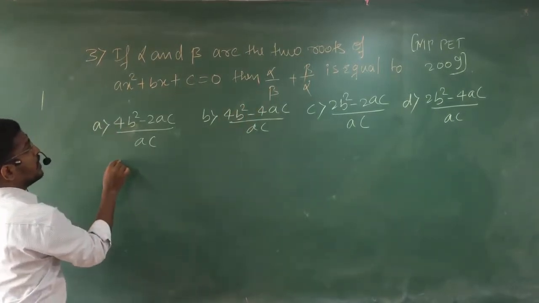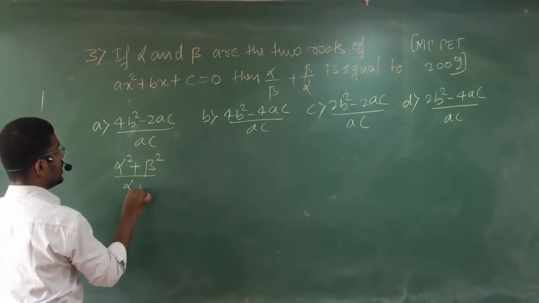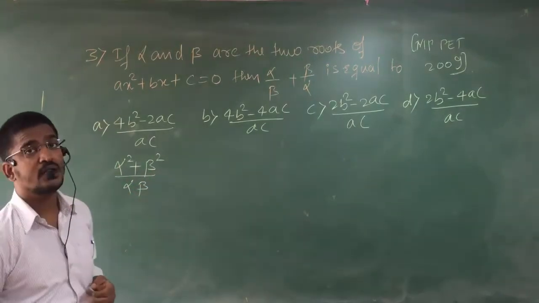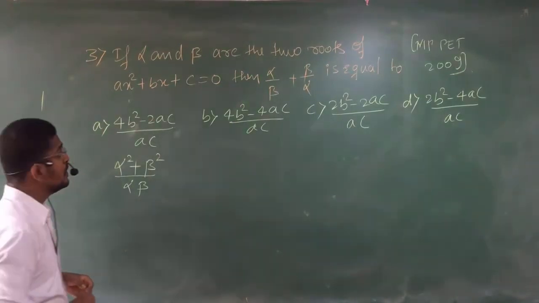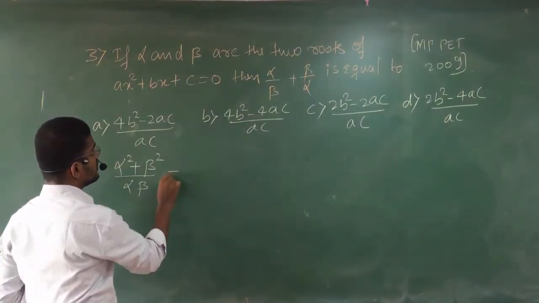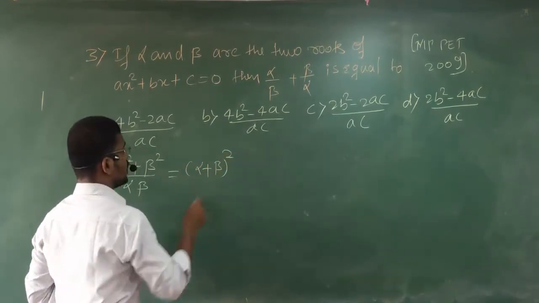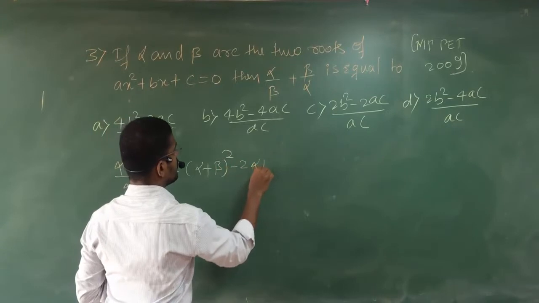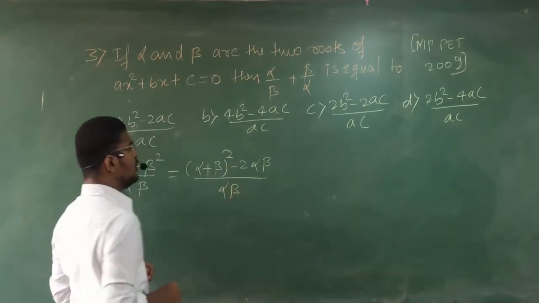It will be alpha square plus beta square divided by alpha into beta, if I simplify this by taking LCM. Now, if I further simplify this, it can be written as alpha plus beta whole square minus 2 times alpha into beta, divided by alpha into beta.